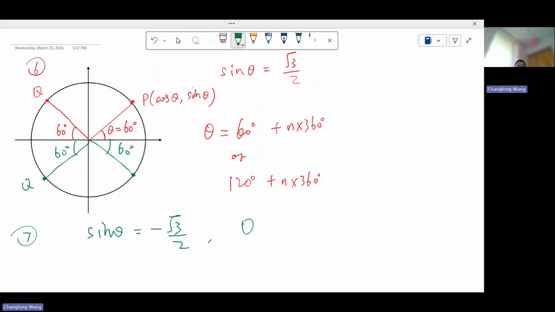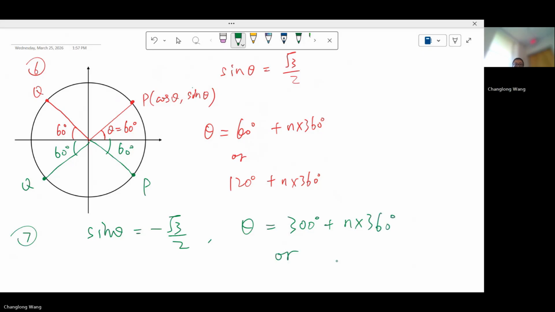Now, the hard part is, how do you put angle theta in standard position? What will be the first one? Let's say the one associated with the P or Q, whichever you like. Go ahead, Max. Okay, so 300, that's the one associated with the P, plus n times 360, yes.